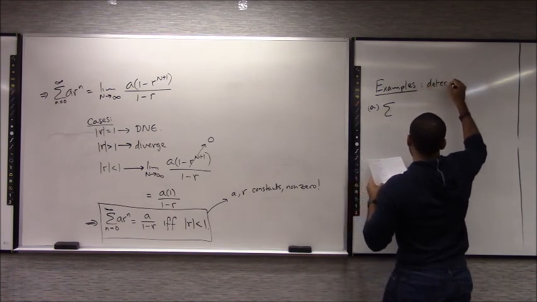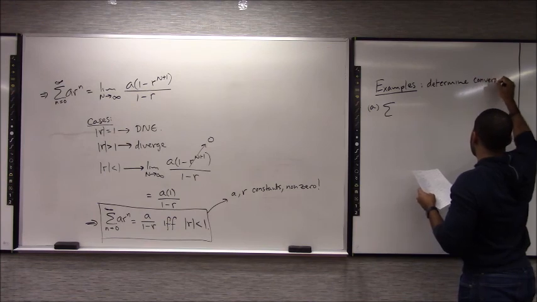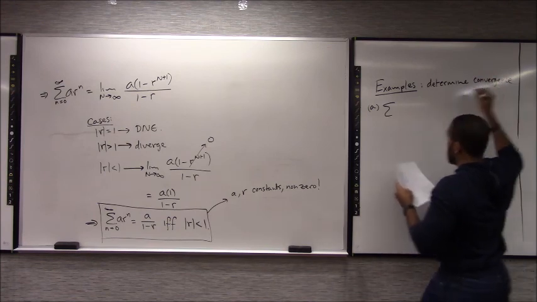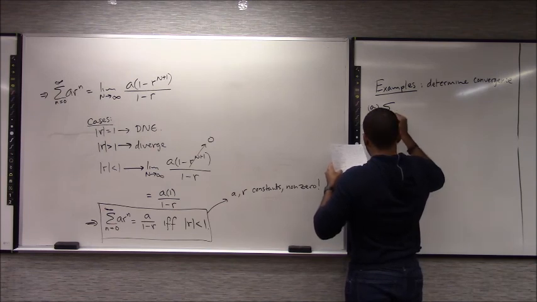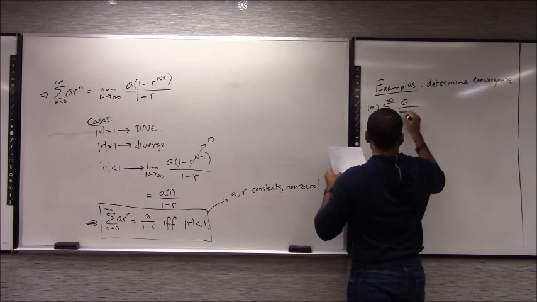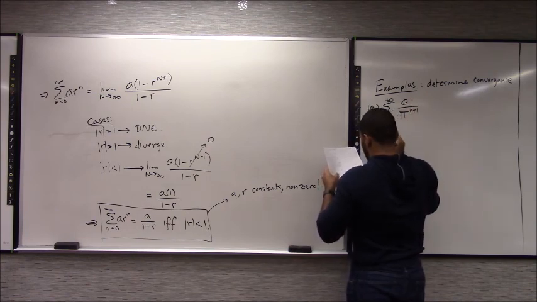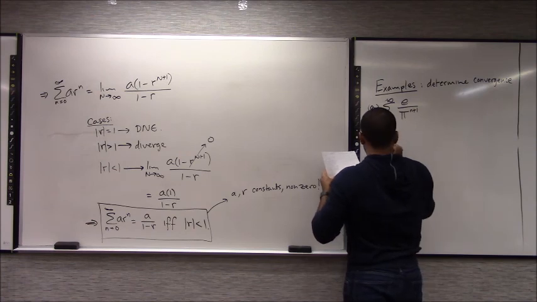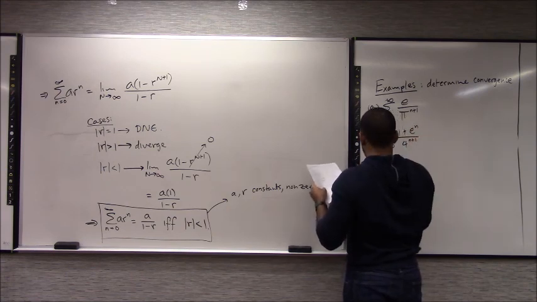So either tell me it diverges, or tell me what it converges to. So the sum from n equals 1 to infinity of e over pi to the n plus 1. The second one was the sum from n equals 0 to infinity of 1 plus e over n to the 4 plus 1. Last one.